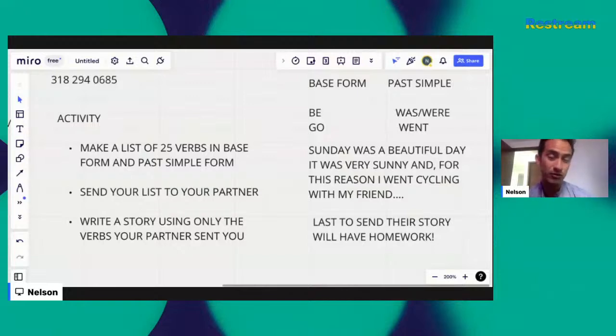If you send the text tomorrow, then the homework will be more difficult and more difficult. So send your text today. Again, individually. This is not work in groups. This is individual work.